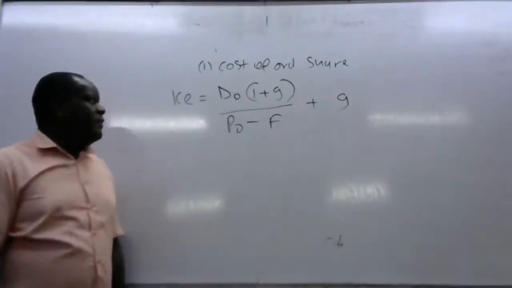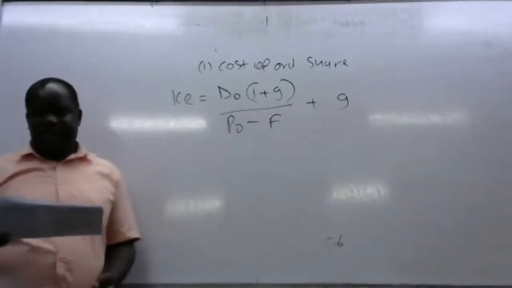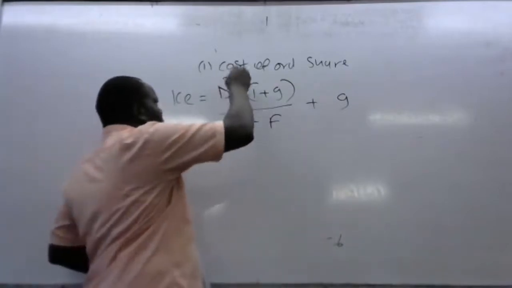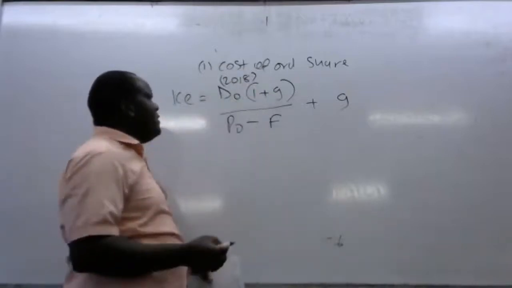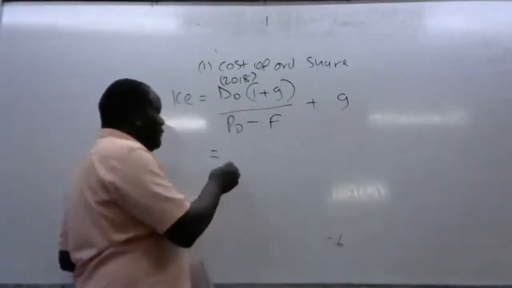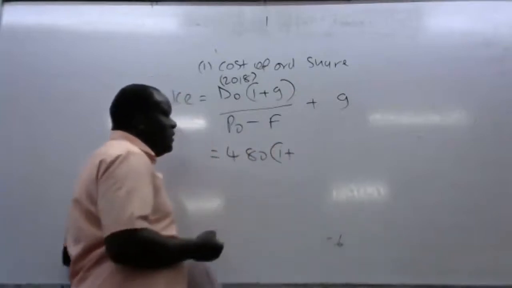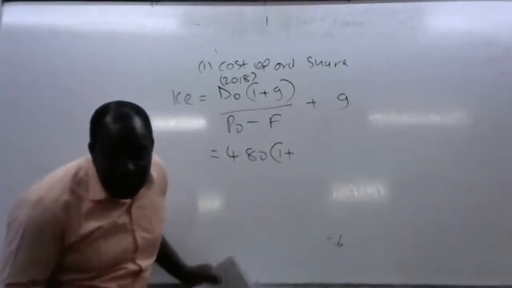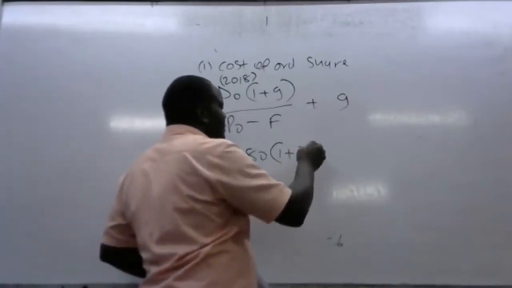We had stated that D0 is the last dividend that was paid, which means our D0 should be the dividend in the year 2018. So the dividend in the year 2018 is 4.80, then 1 plus G. G we calculated, it was 6 points, the same as 0.06.